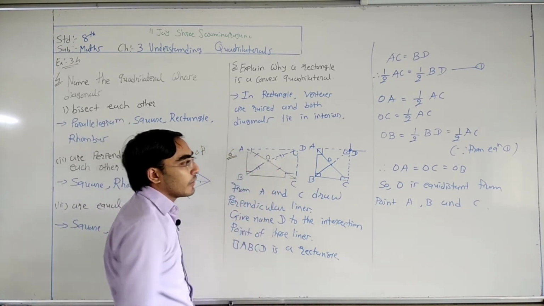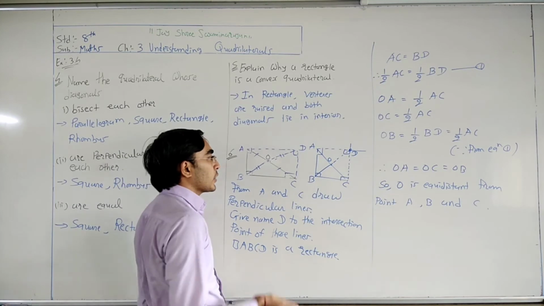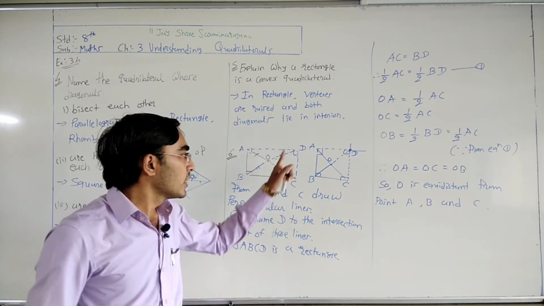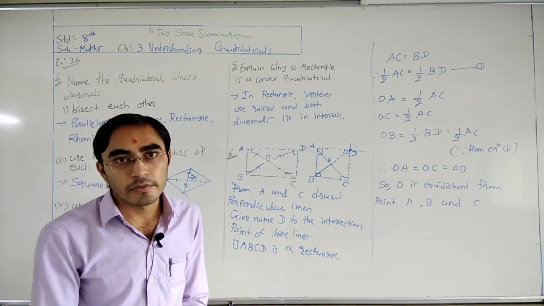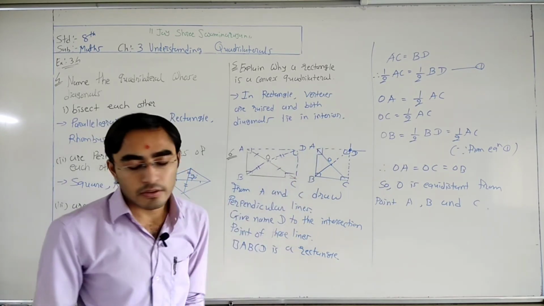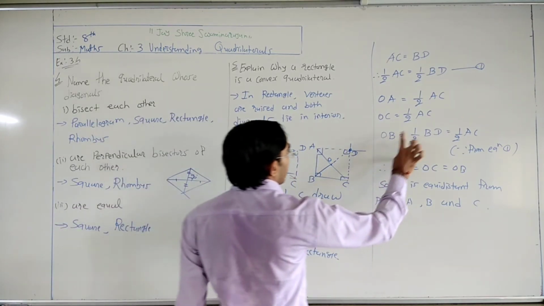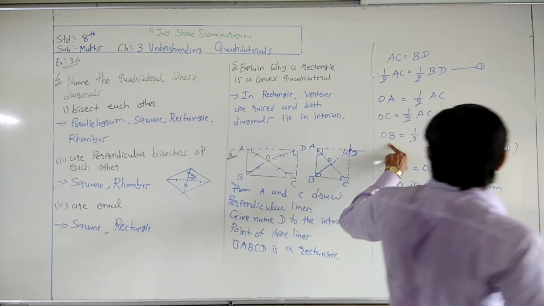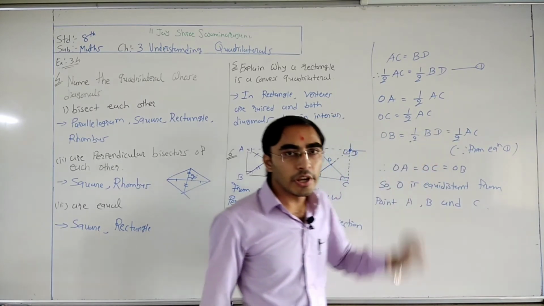Similarly, OD is equal to half of BD, but right now we do not require OD here, that's why we do not write it. So OB is equal to half of BD.